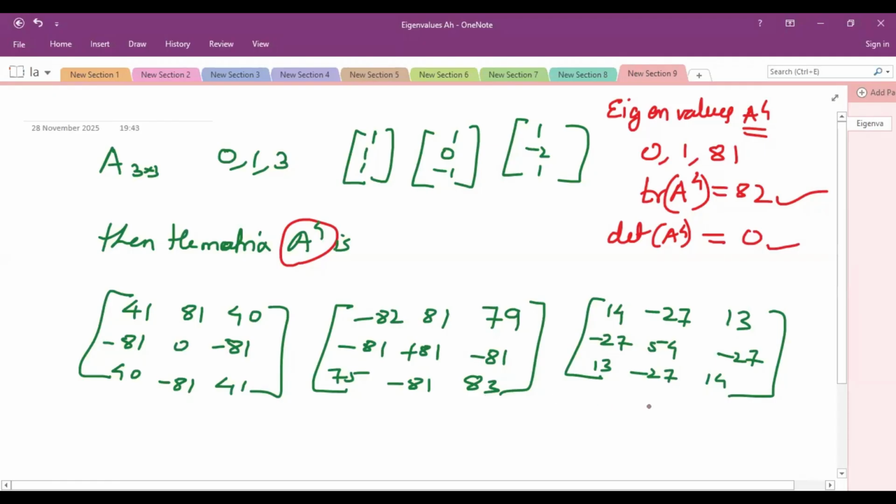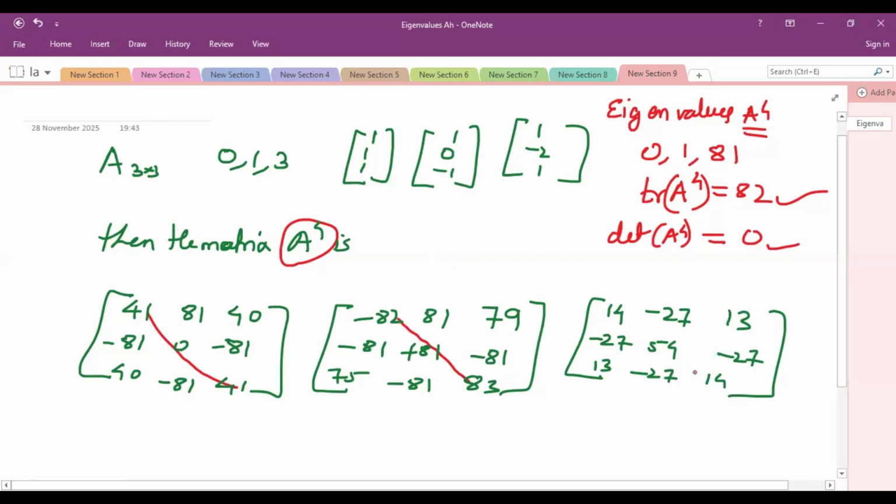So these are the three options for A raised to 4. If we look at the trace of the first one, that is 82, right? So that is matching with the trace of A raised to 4. For the second matrix, what is the trace? 82.